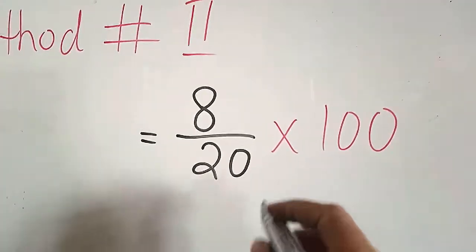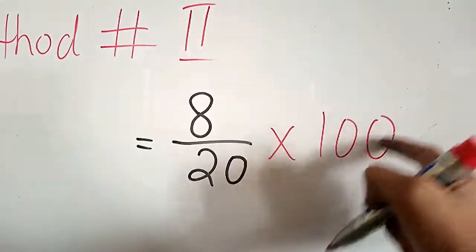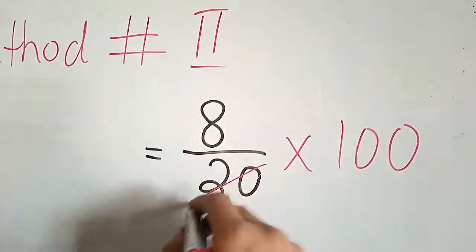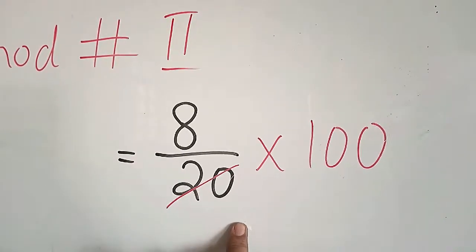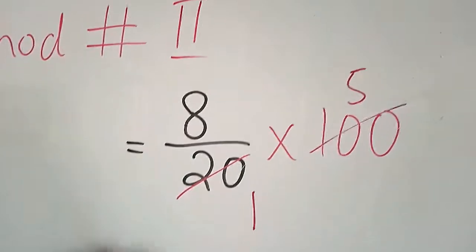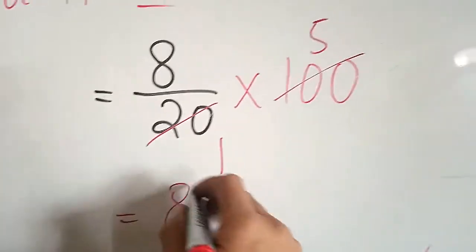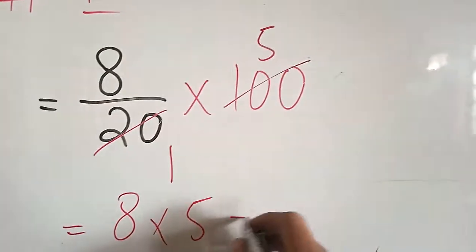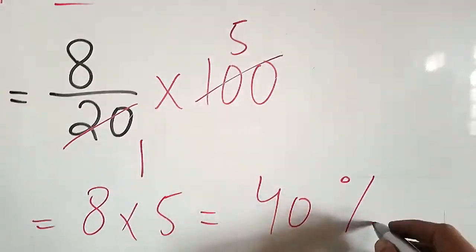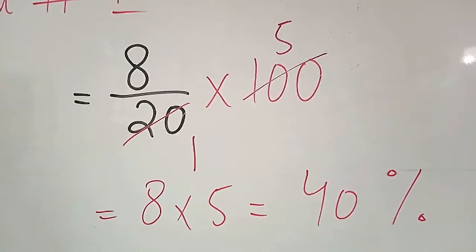First of all, we can cancel the zeros as well, but we can divide 100 by 20 because we know the table of 20. 20 ones are 20 and 20 fives are 100. Now what is left behind? 8 multiplied by 5 is left behind, which makes 40. Which makes 40%.